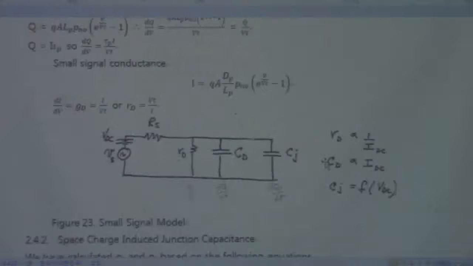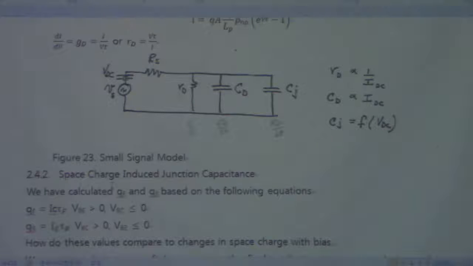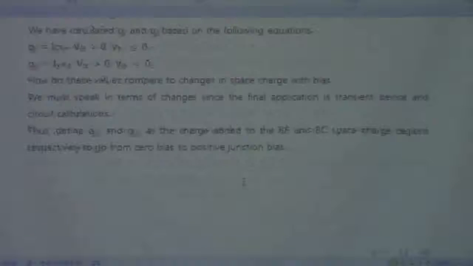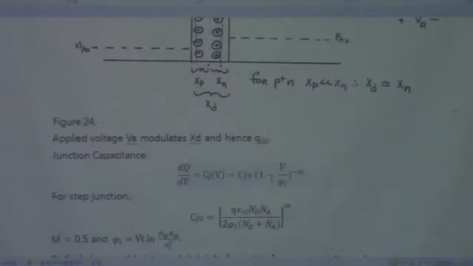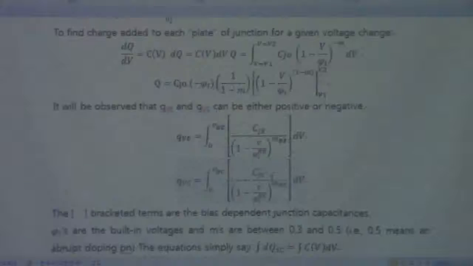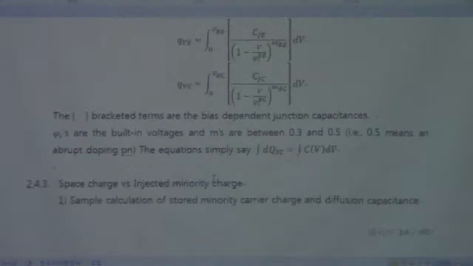Another charge storage is the space charge induced junction capacitance, which means the space charge width is modulated with the variation of the emitter-base voltage, so time-dependent charges happen in this capacitor, in this space charge region.